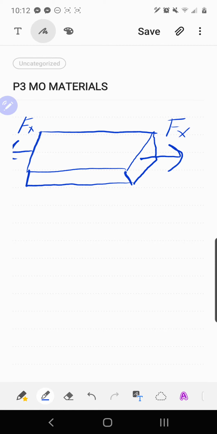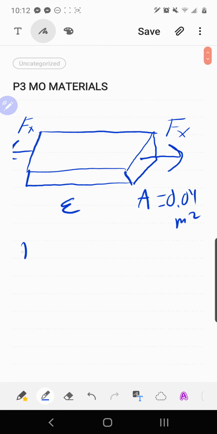We are tasked to find the lateral strain. Okay. Strain, if you remember, is this symbol here, epsilon. We know that the area of this is 0.04 square meters.